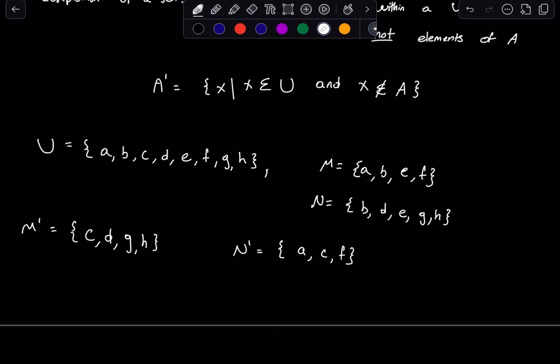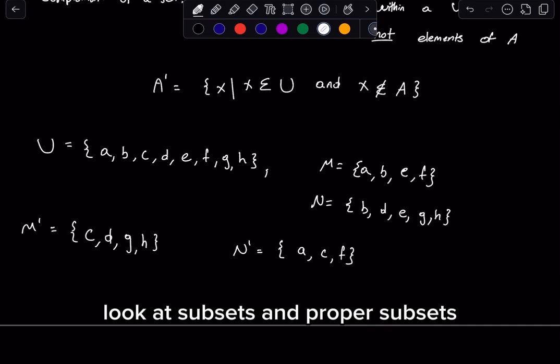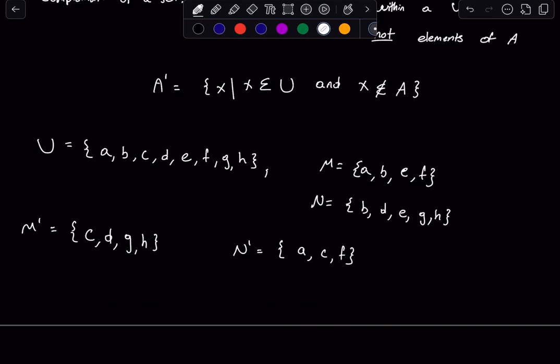We then look at subsets and proper subsets.